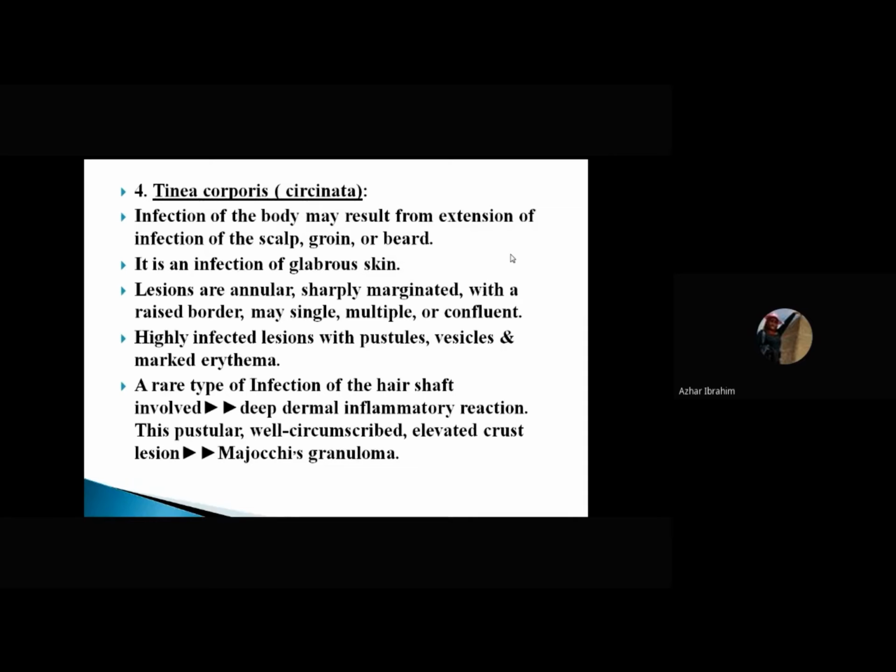The typical lesion, as I mentioned, looks annular in shape, that means ring-like, with a sharply outlined margin, inflamed with central healing. In severe, highly infected cases, it is sometimes pustular, vesiculated, with erythema. Glabrous skin is hairless compared with hairy areas like the scalp and bearded area, but keep in mind there is no completely hairless area.